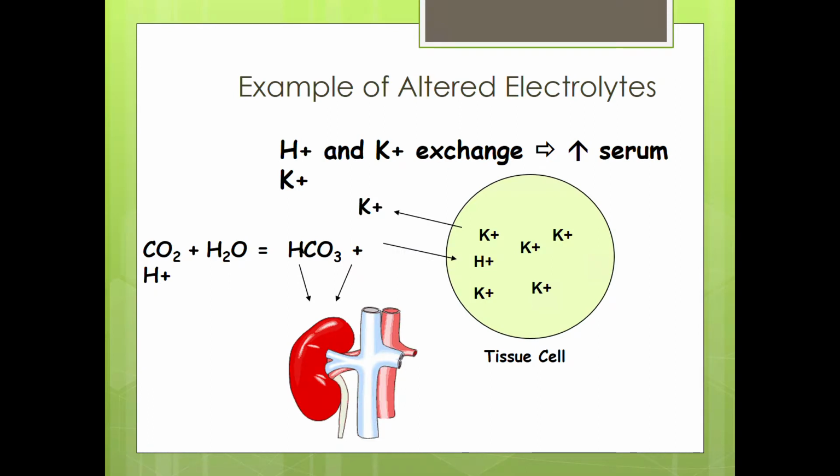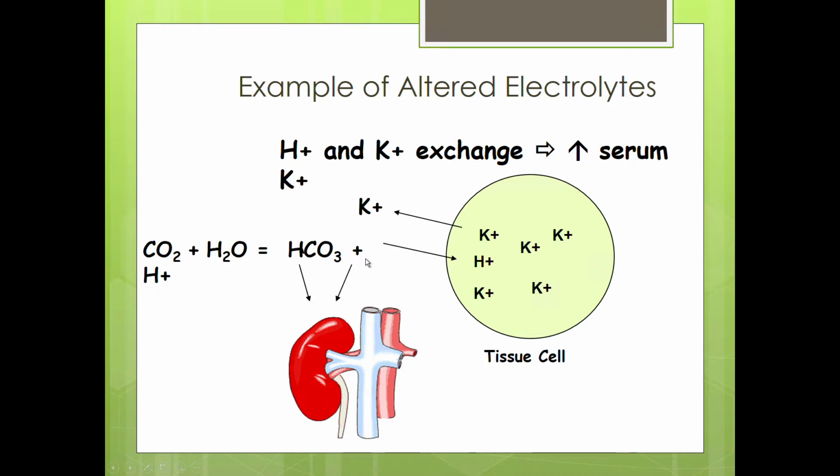In this slide, you'll see an example of altered electrolytes. So we have hydrogen and potassium exchange that's happening during this process of hypercapnia. And what ends up in this process is you have carbon dioxide mixes with water, and it creates HCO3, okay, so we're getting bicarbonate.